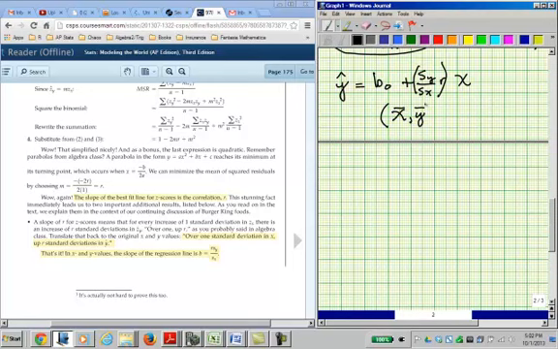And I'm using x bar and y bar to refer to the means of the x variables and the y variables. So we plug them into this equation here to get b sub 0.